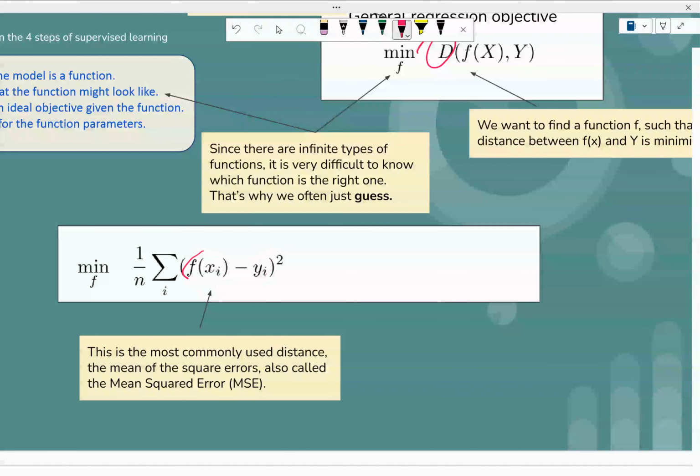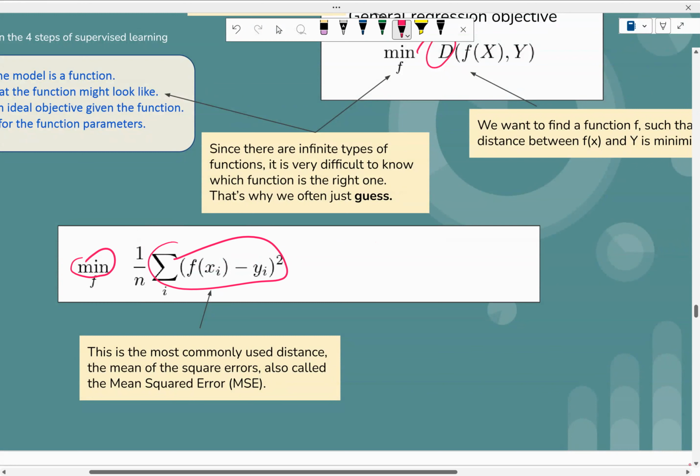So if your prediction and the truth are the same, then their distance will be zero. You can view this as a distance, or you can view this as some kind of error. So you're trying to find a function that minimizes the average error, right? You basically sum up all the errors divided by n.